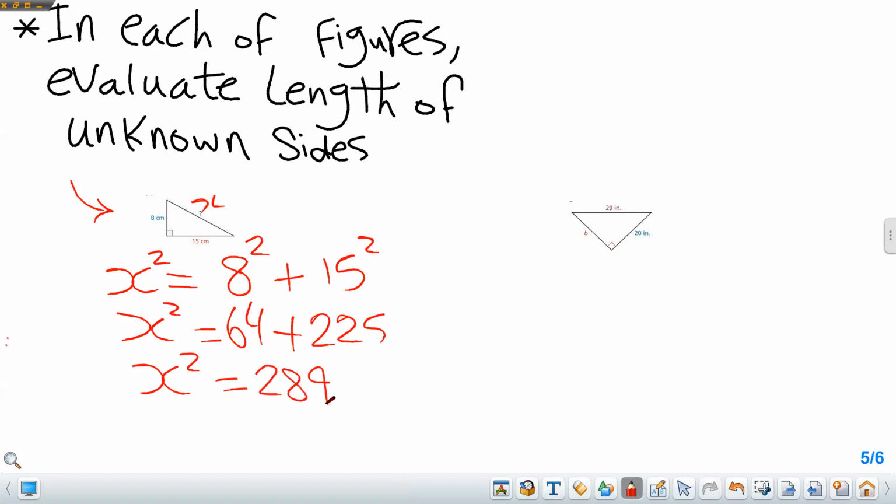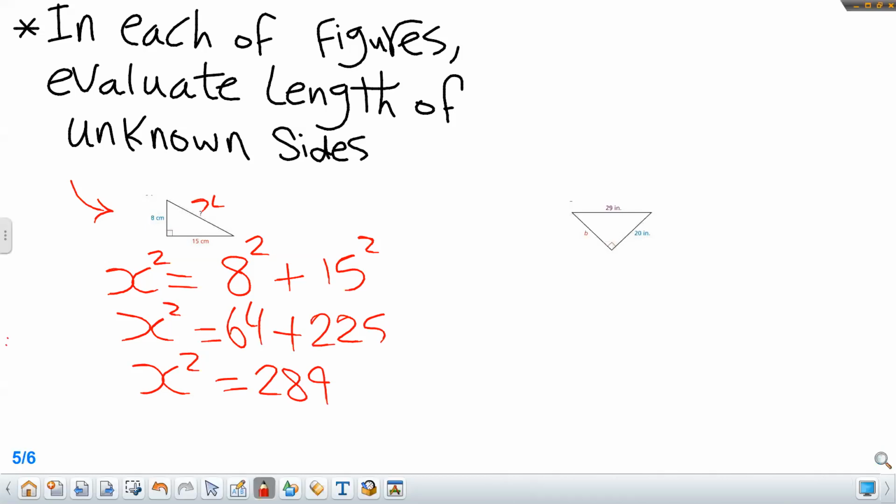Now, you must ask yourself, what about the value of x? How to find the value of x? If you have x², how to find x?